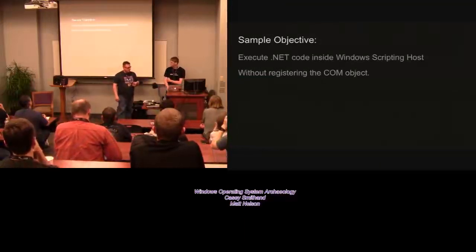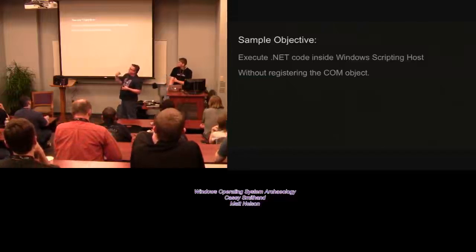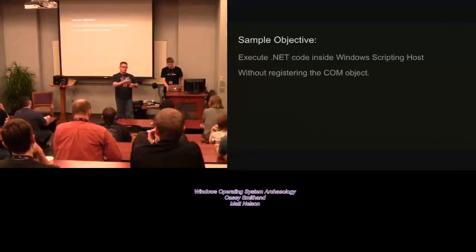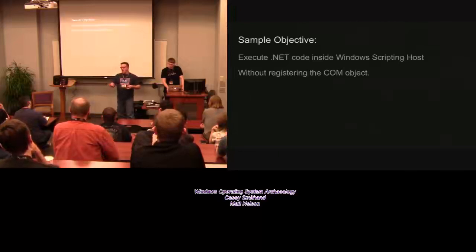So first of all, the goal here would be, inside of VBScript or JScript, how could I load a .NET DLL and execute it? The reason I want to do that is because JScript and VBScript by default don't have Win32 API calls, so I can't run a shellcode blob in a VBScript normally.